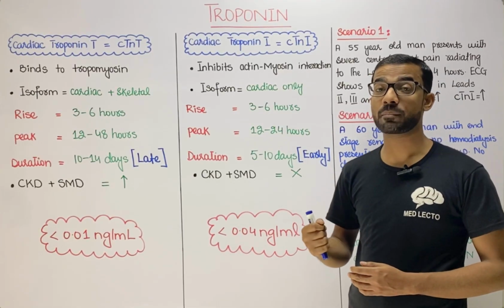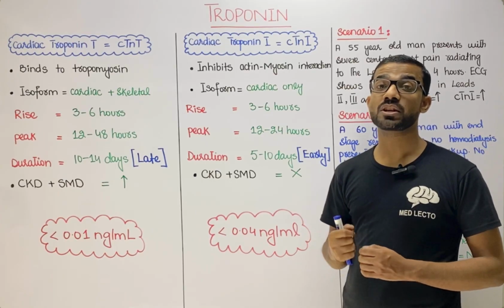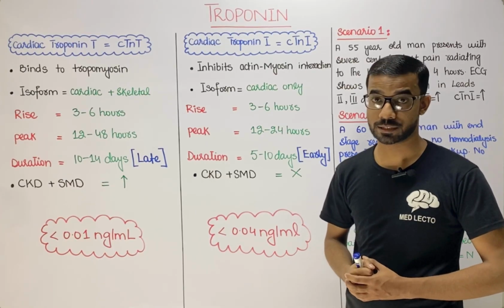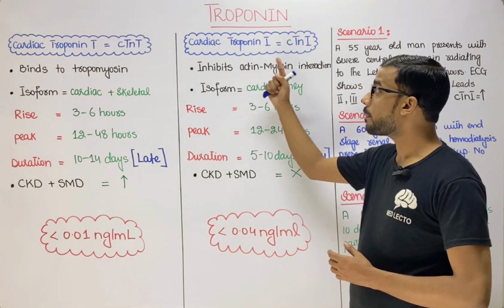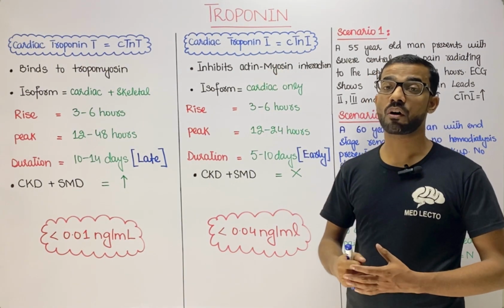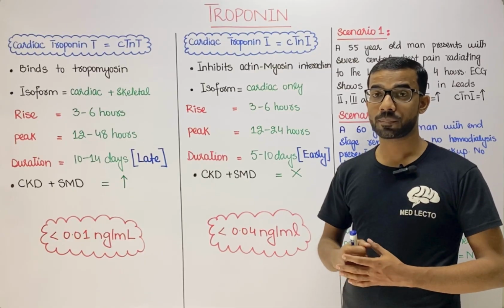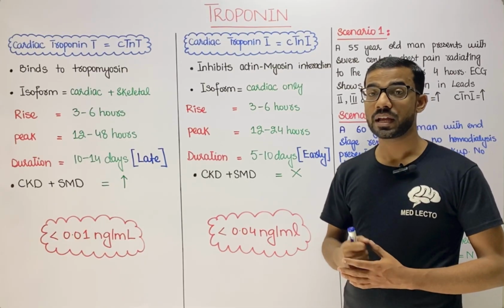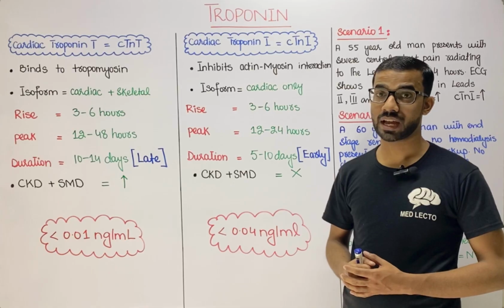After actin and myosin interact, you will see the contraction of the heart muscles. But troponin I inhibits the interaction of actin and myosin. It is also a protein present in the heart muscle.